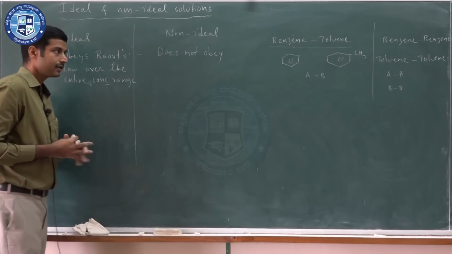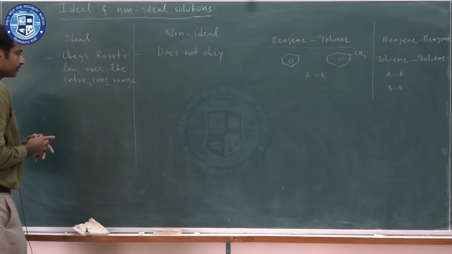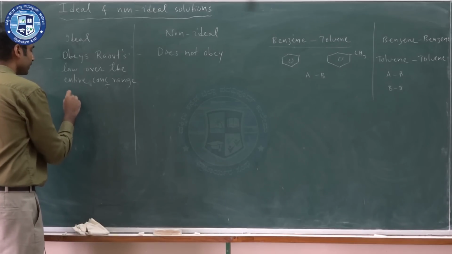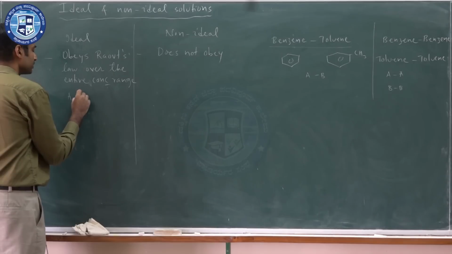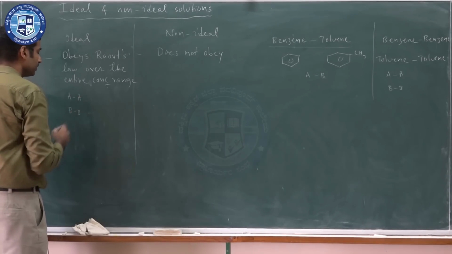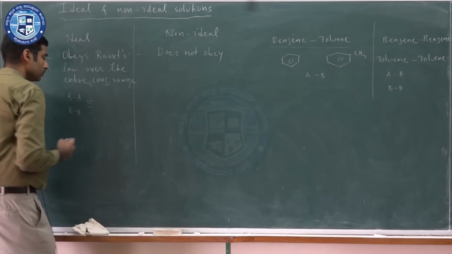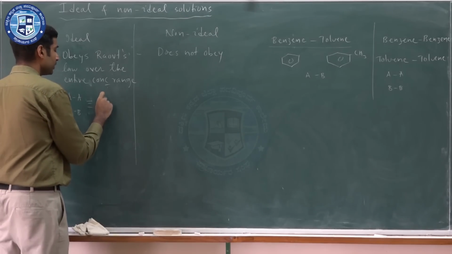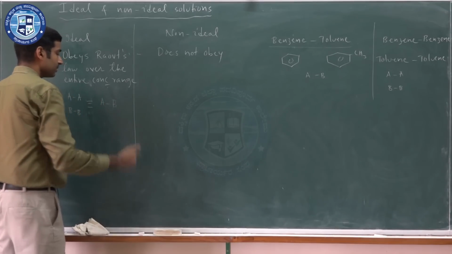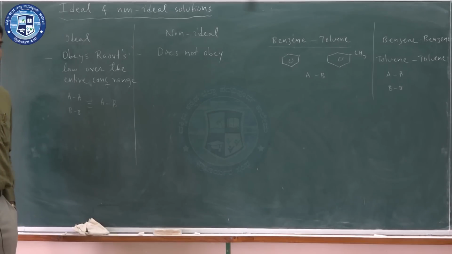So, when will an ideal solution be formed? An ideal solution will be formed when the intermolecular interaction in the pure components, which I represent as AA interaction or BB interaction, is similar to the intermolecular interaction between the components in the solution, which I represent as AB interaction.